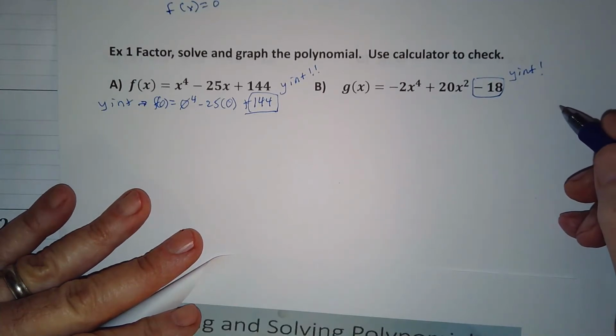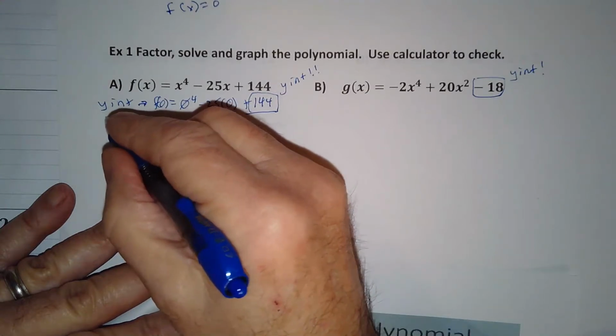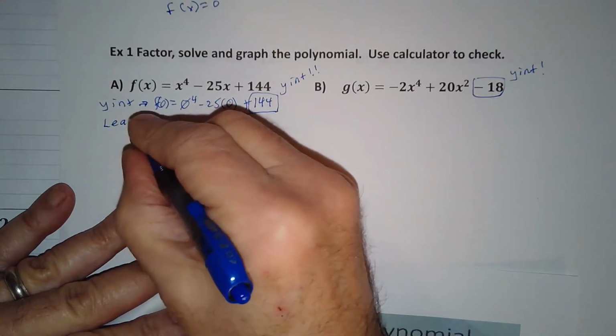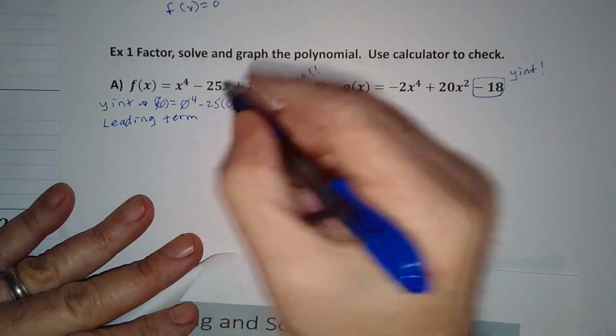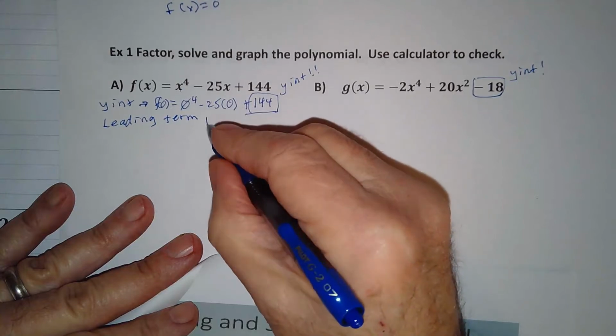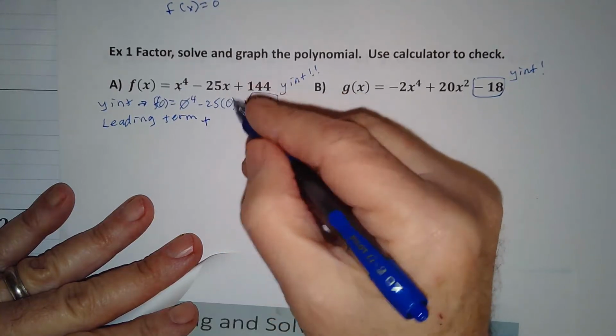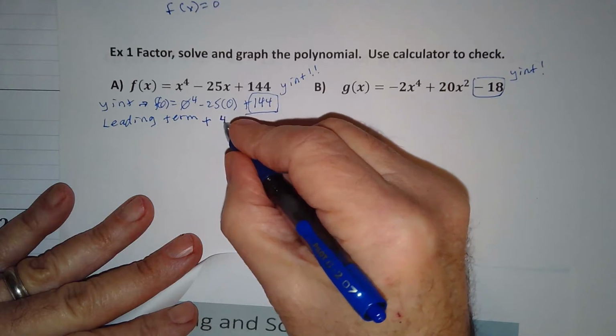Okay, so now let's look at the leading term. So the leading term, what's it going to be? Or what is it, I should say. So the leading term starts out as positive, right? And its power is going to be 4. And when that's even.